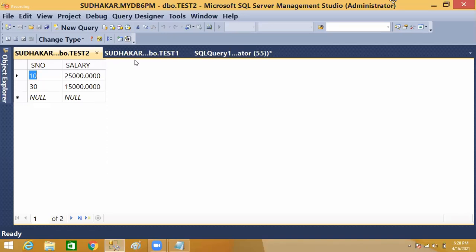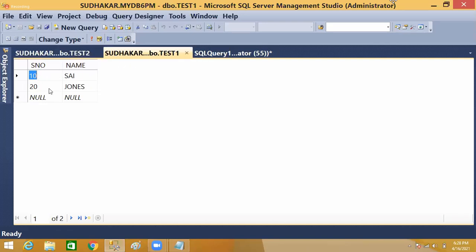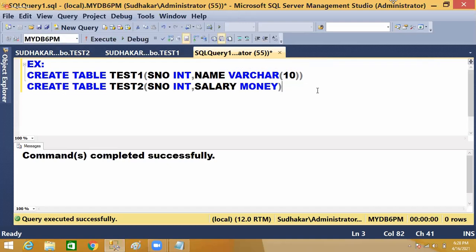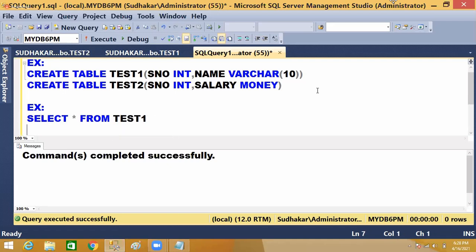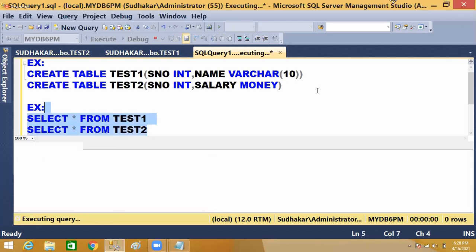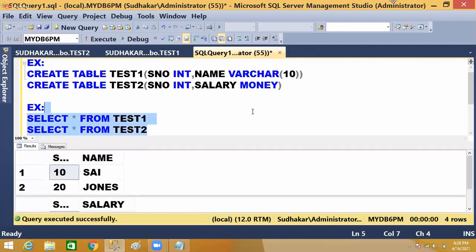These are the two records in my test2 table and two more records in my test1 table. Finally, I'm calling these two tables, test1 and test2, and executing this. Now we can see it.